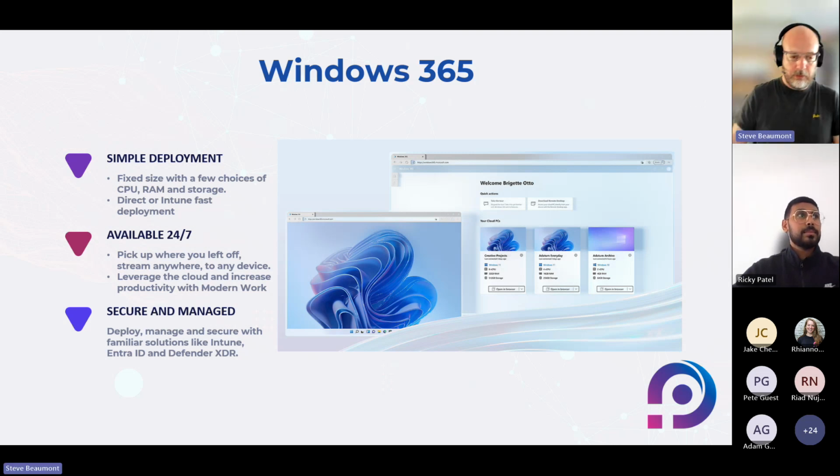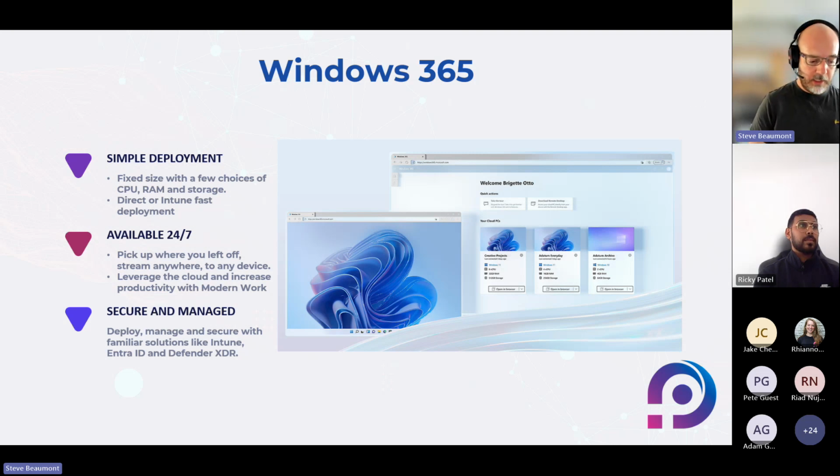So, as Rick is mentioning, we've got these two main solutions we're talking about, Windows 365 and AVD. We keep on stressing that Windows 365 is very much about simplified deployment, but it's more directed at a personal desktop on a one-to-one basis with some exceptions, and you pay a fixed amount based on the CPU, the RAM and the storage size you want.